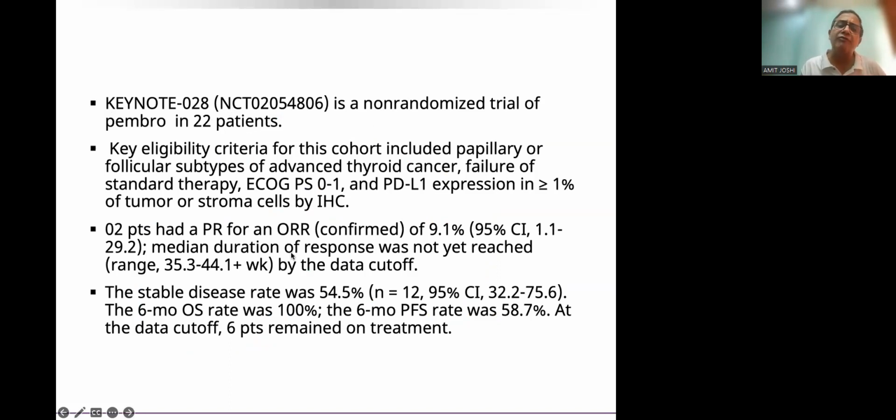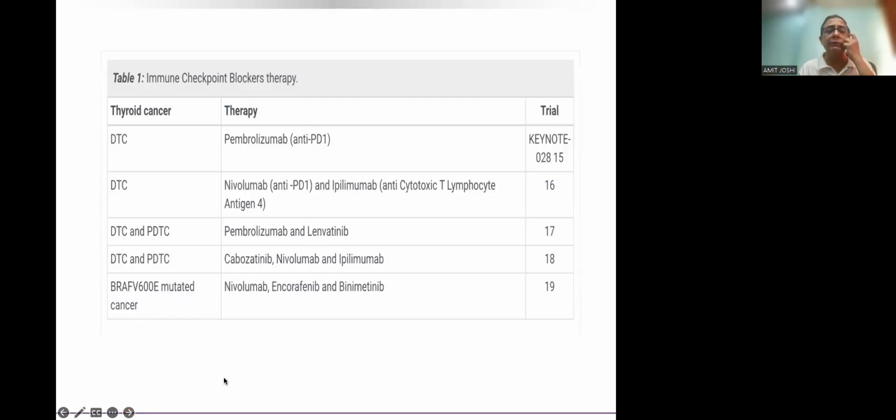In a basket trial of various differentiated progressive thyroid cancers and anaplastic thyroid cancer, they tried to see in which group it works. In differentiated thyroid cancer, pembrolizumab has been tried as a single agent, and nivolumab, which is an anti-PD1, has been tried with a CTLA4 inhibitor. So these are the various trials which have been done, and various trials are still ongoing in the literature to see the efficacy.